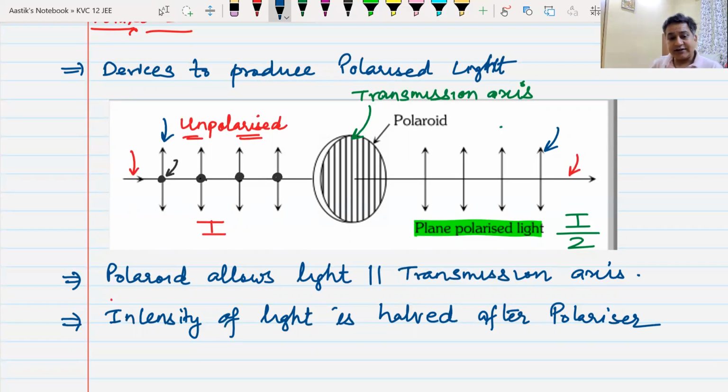When unpolarized light falls on the Polaroid, on the right hand side, the plane polarized light that you get, the intensity is halved. Will you remember this?